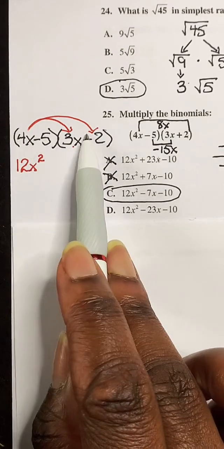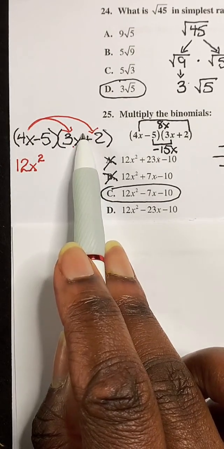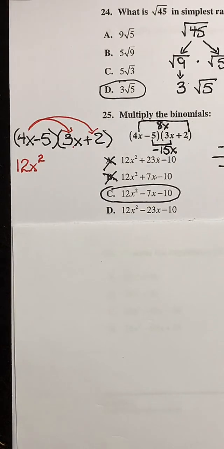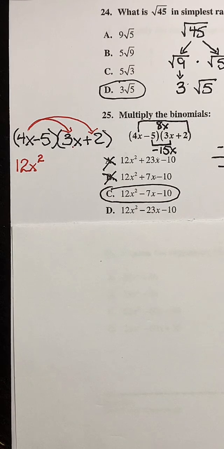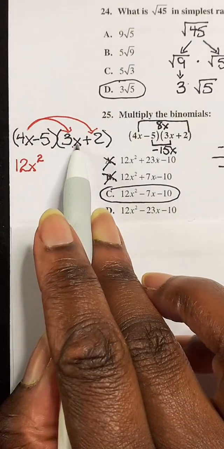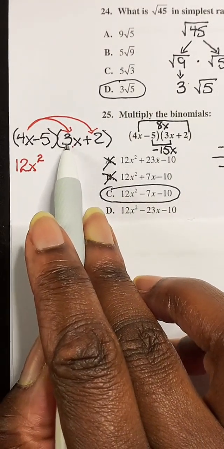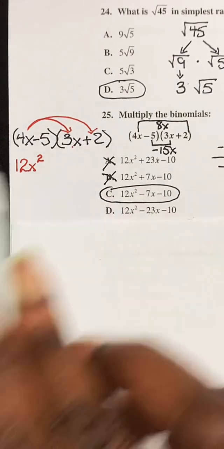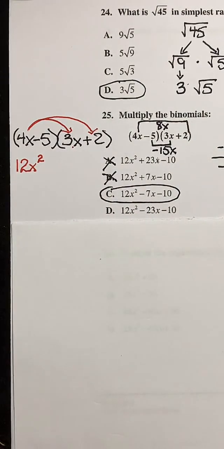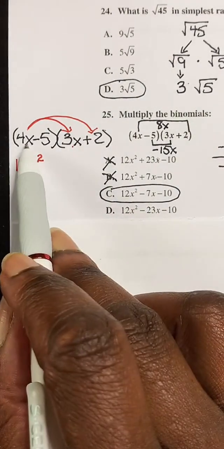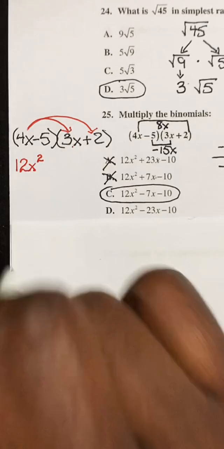So if you don't see anything, it's assumed to be a 1. So this is what your teacher is trying to tell you when you're dealing with adding, subtracting polynomials, or adding, subtracting, multiplying, dividing exponents. When they said x is 1, they don't mean x itself. They mean the coefficient or the exponent if you don't see anything. That's what they're trying to say. So now we got 4x times 2.